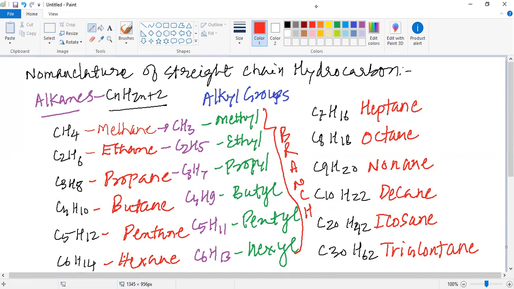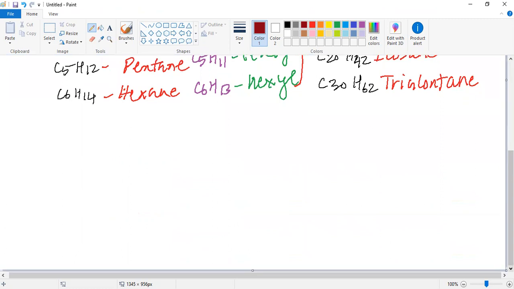So that is what they generally produce, the prefixes. So this is how, my dear students, we understand the various alkyl groups that can be produced from these alkanes.